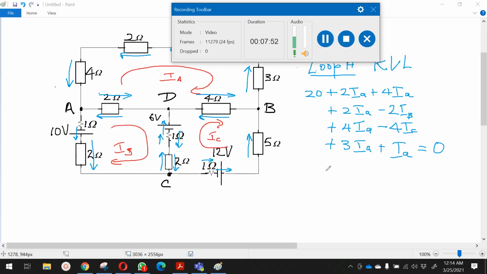So gathering these up, I have 20 is equal to 4, 6, 8, 12, and 4, 16: 16 IA minus 2IB minus 4IC equals 0.